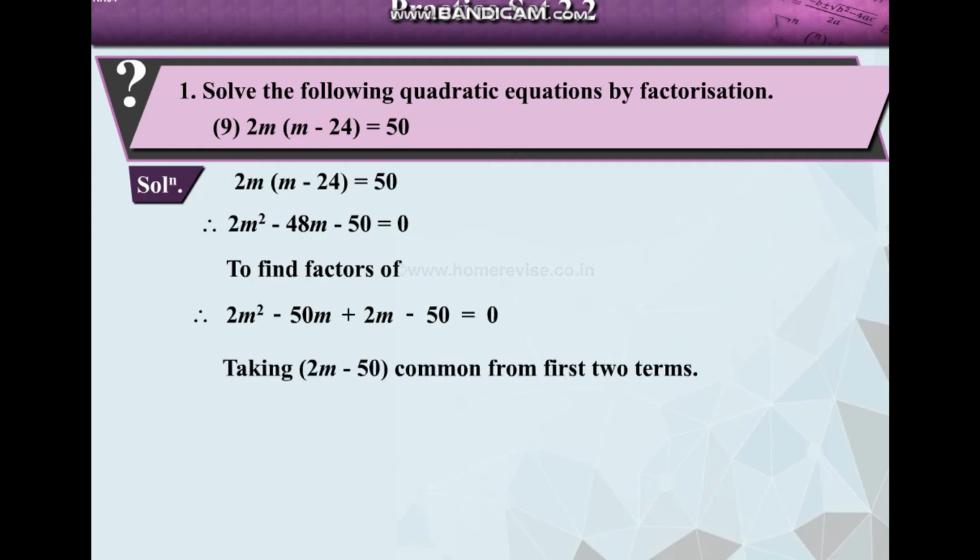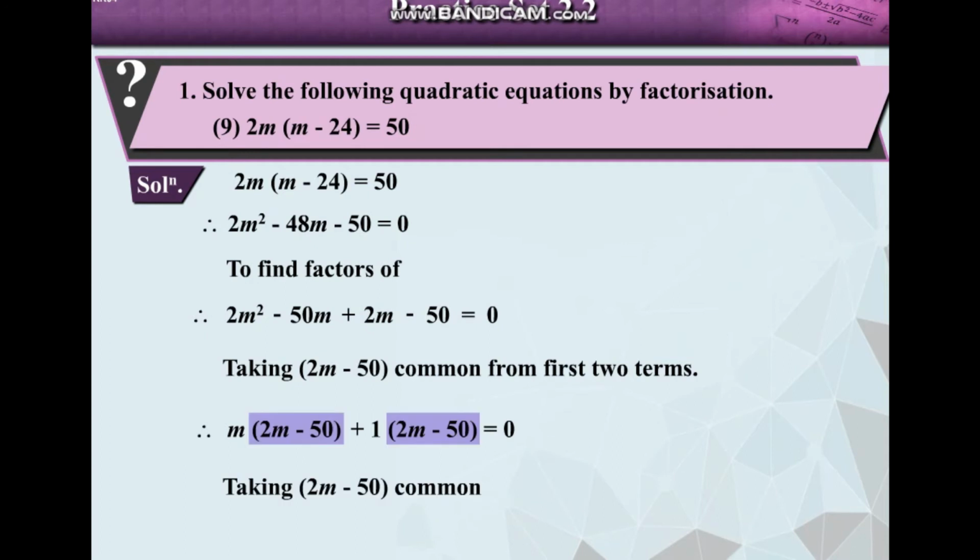Taking 2m minus 50 common from first two terms, m multiplied by 2m minus 50 plus 1 multiplied by 2m minus 50 is equal to 0. Taking 2m minus 50 common, 2m minus 50 multiplied by m plus 1 is equal to 0.